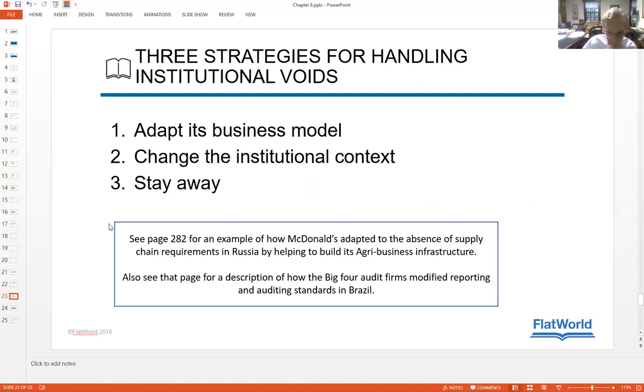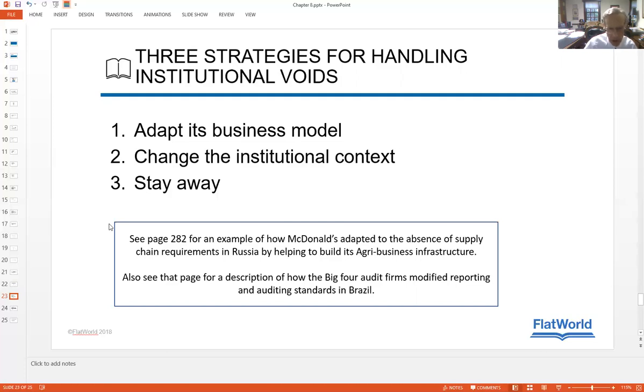Okay, how do you handle these voids when you've got an absence of infrastructure to support your industry? The first thing that the textbook suggests is that you can adapt your business model to that country that you want to enter.